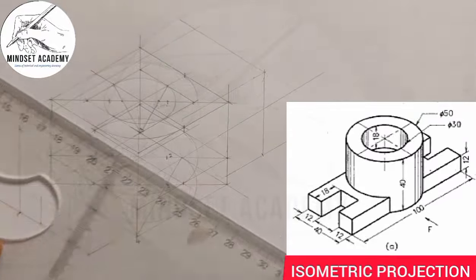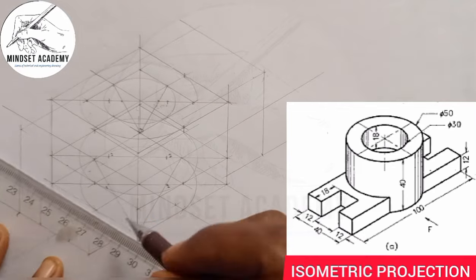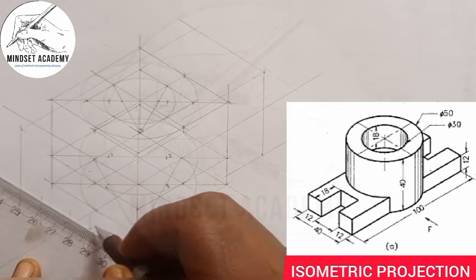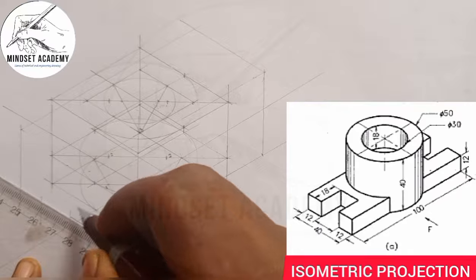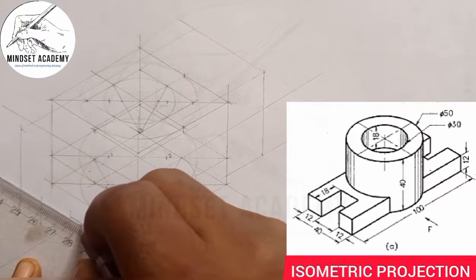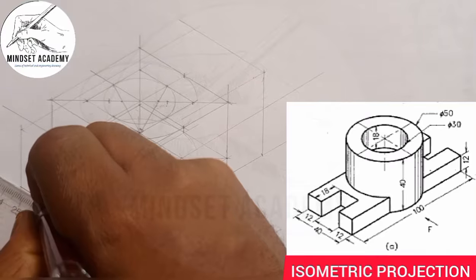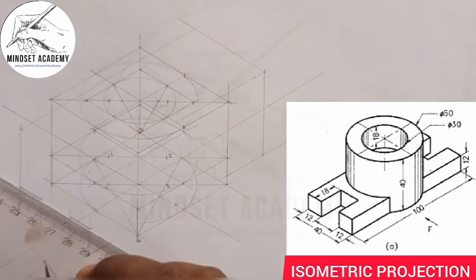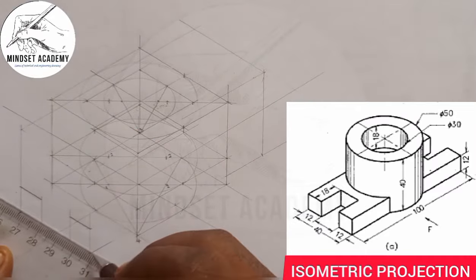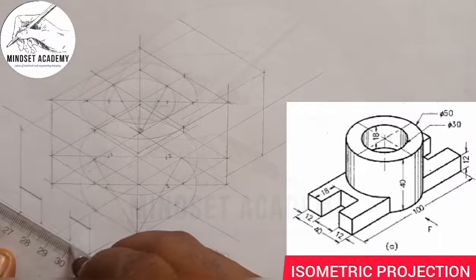So close it up using my instrument here. Close it up, thick line. And here also thick line. And the base here too, thick line.